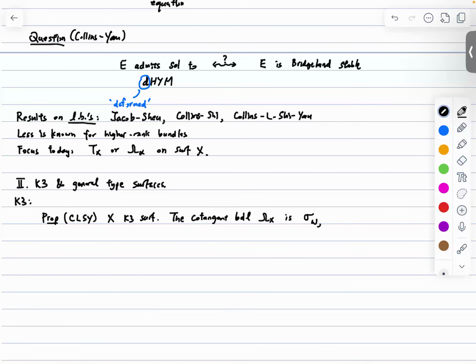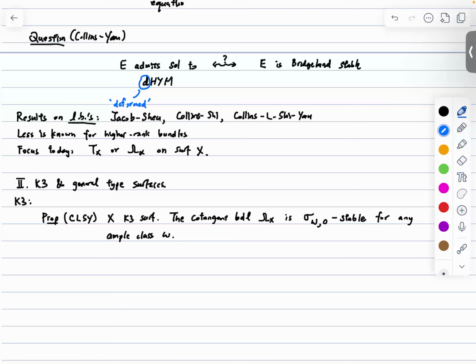Omega here is any ample class on X. And if you remember the second part of the subscript, it's another divisor B, but for us, we always choose that divisor B to be 0. So the cotangent bundle is always stable with respect to such a Bridgeland stability, for any ample class omega on X.